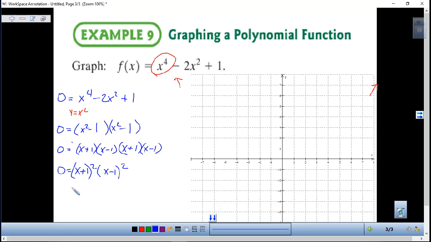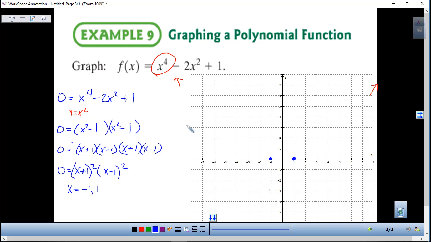So it has a multiplicity of 2, which means it's going to come down, hit the x-axis, and go back up. So if we solve this, x equals negative 1 from this one and positive 1 from that one. So those are going to be x-intercepts. It is going to actually touch the x-axis. It's just not going to go through.